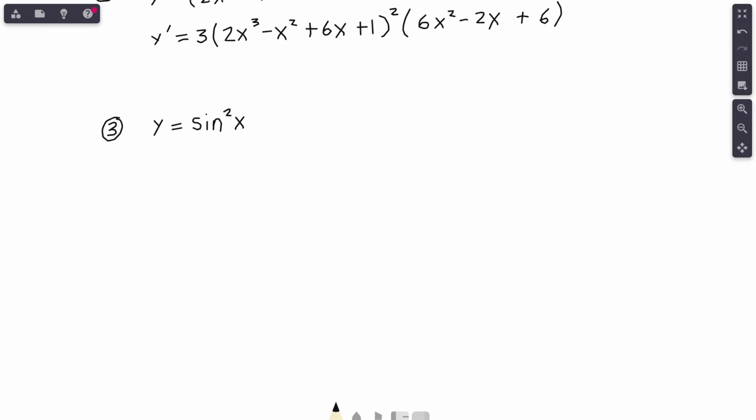A lot of times with trig functions you'll see them written as sine squared x or cosine squared x. You'll only see this with trig functions, where they put the squared right here, like tangent squared x.